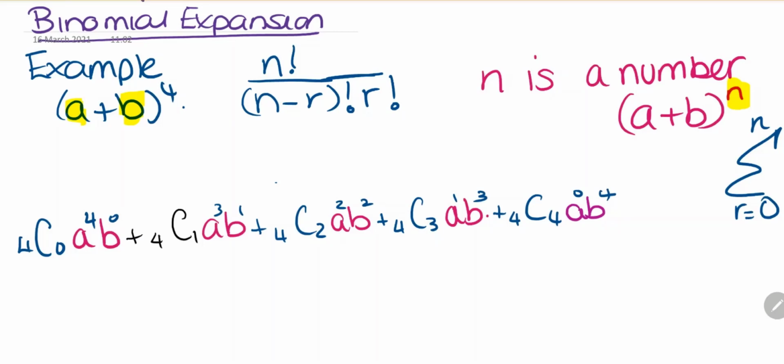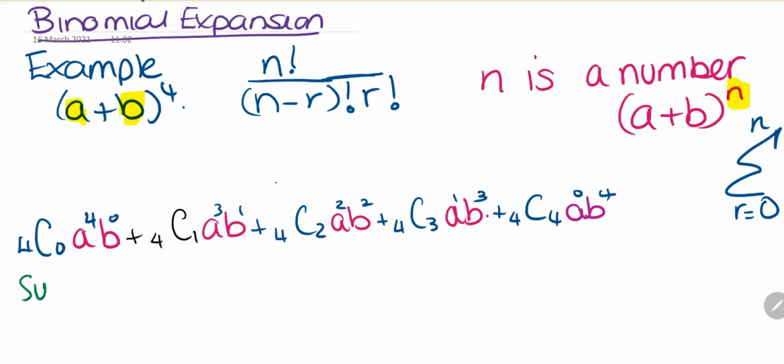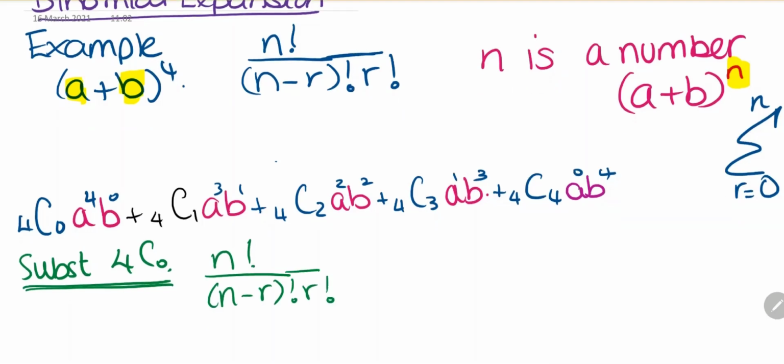So the next thing now is to substitute. We're going to substitute our 4C0 with the formula that we have here. So this 4 will be n, and this is going to be our value r.